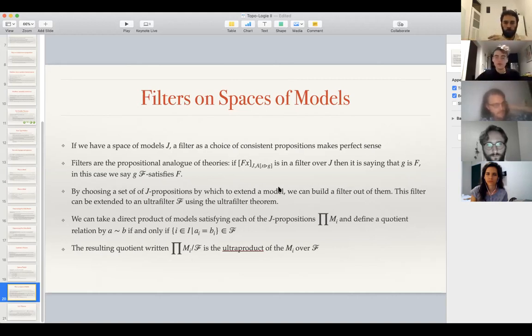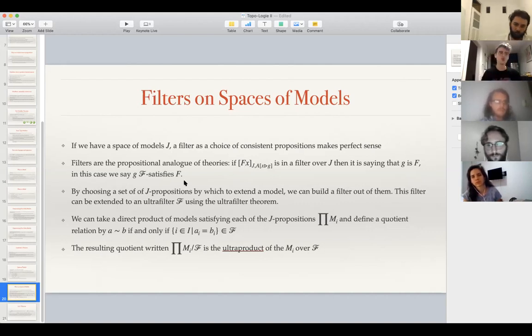So this set is going to be the set of models where, when I put in the variable assignment X and F is applied in the filter over J, then G satisfies F, in the sense that it makes this proposition true.